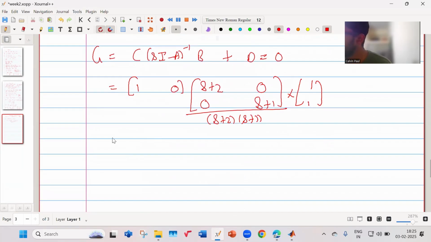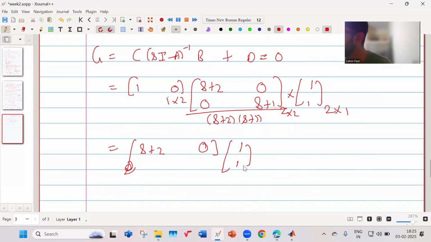Okay, so what happens now? This is one row two columns, two rows two columns, two rows one column. So one row into two columns becomes one row, and this becomes 1 into (s+2), so s+2, right? 0 and 0 goes: 1 into 0, 0 into s+1, so this becomes 0.